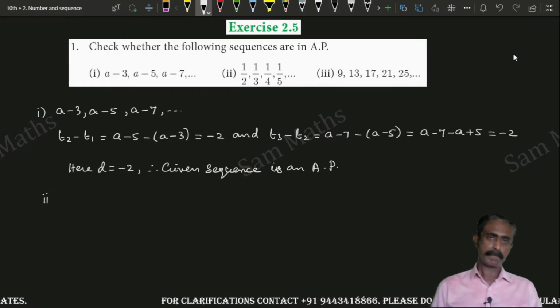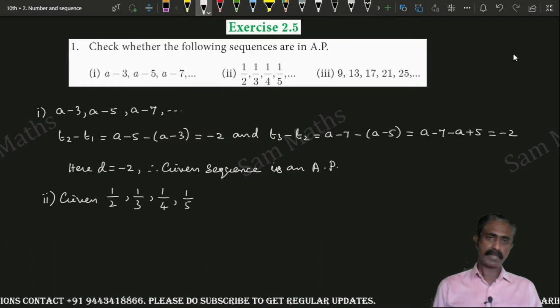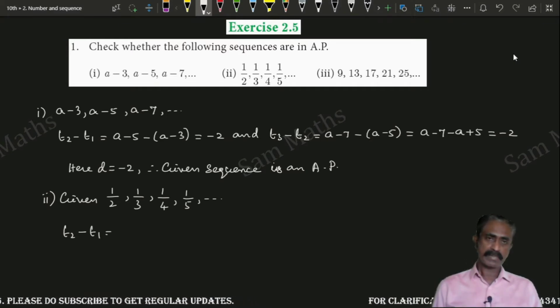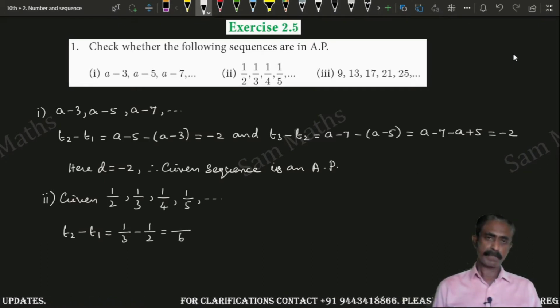Second one, given 1 by 2, 1 by 3, 1 by 4, 1 by 5, etc. Now you find T2 minus T1, which is equal to 1 by 3 minus 1 by 2. You take LCM is 6. Numerator 2 minus 3, that is minus 1.